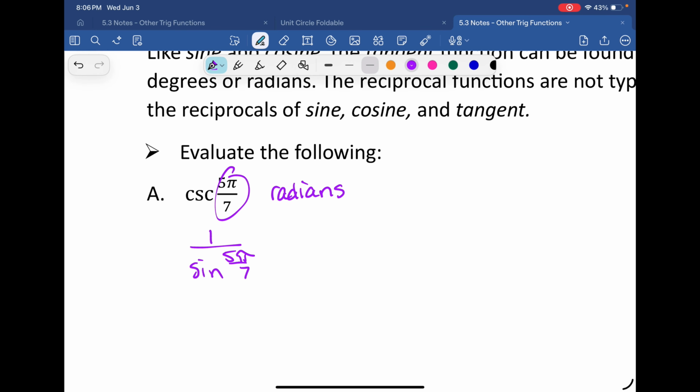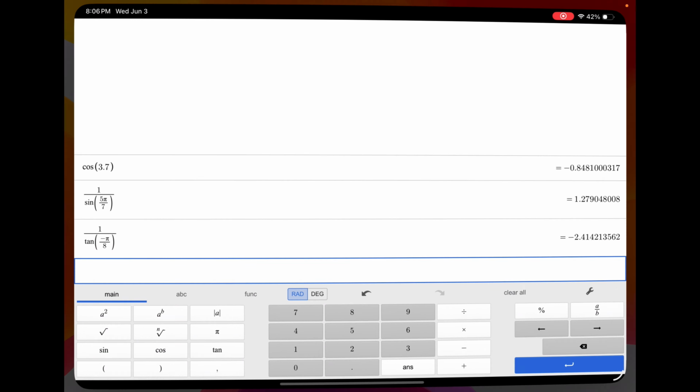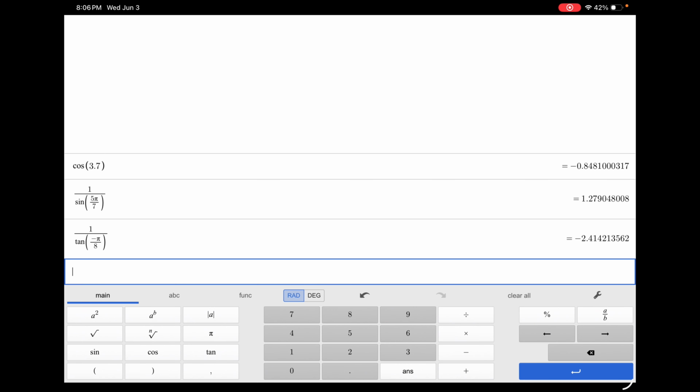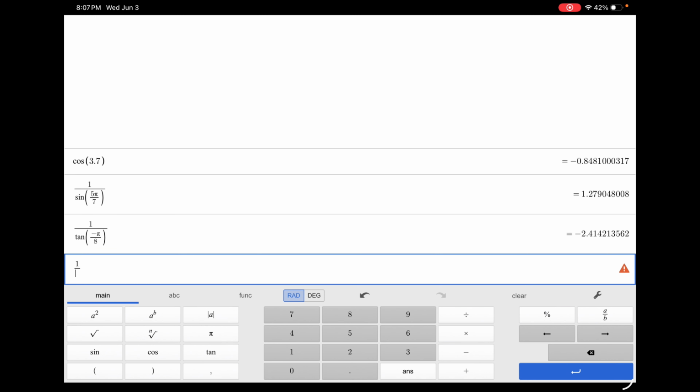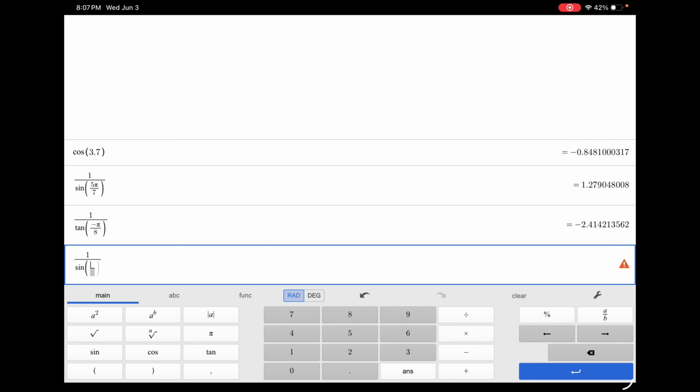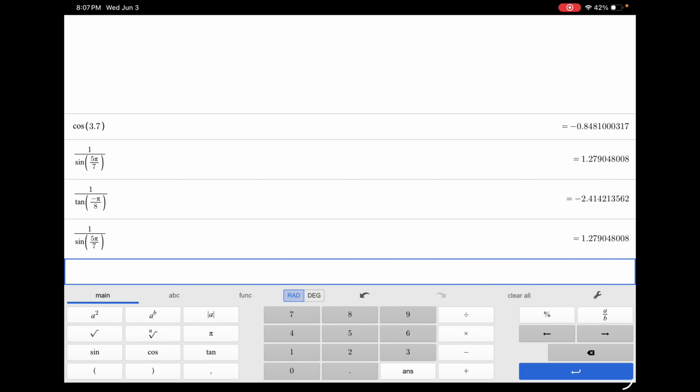Okay, so when I type this in my calculator, make sure I'm in radians, and you can see I have it. 1 over sine, 5 pi over 7. And we get 1.279.